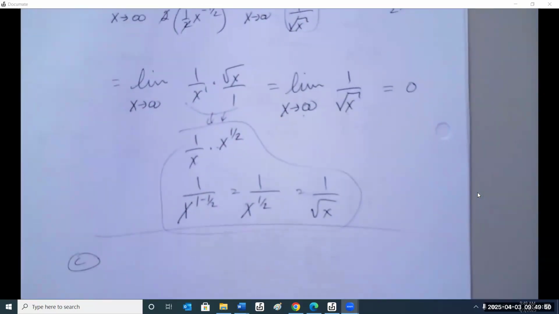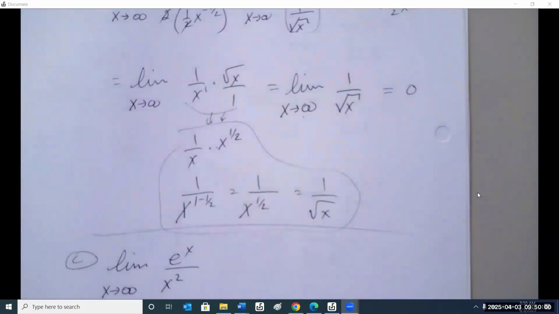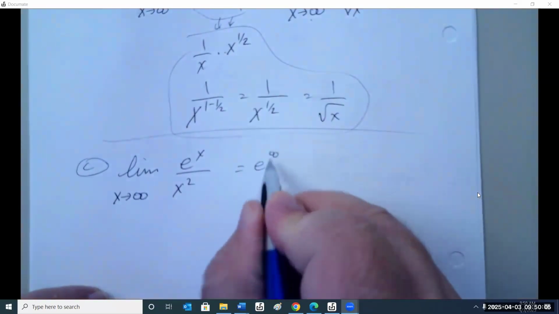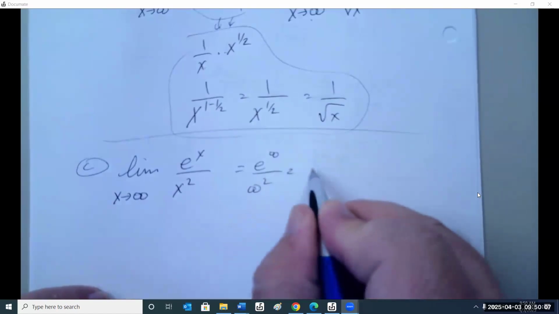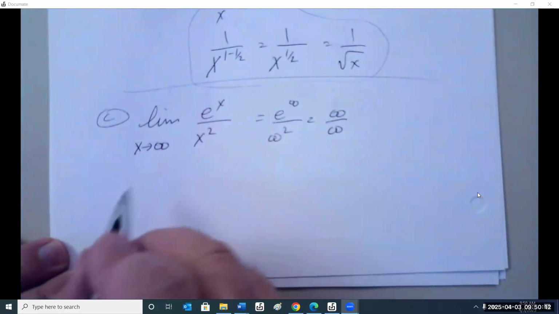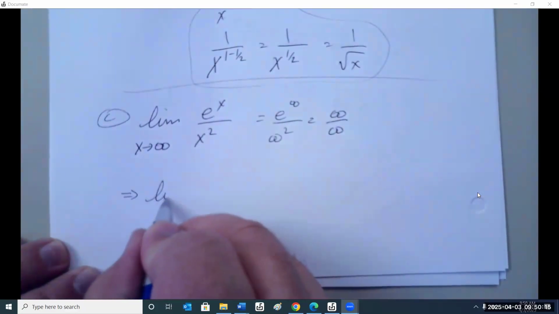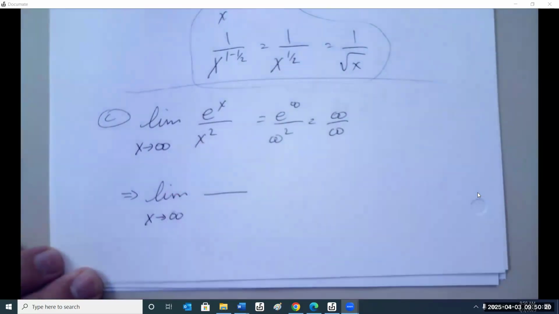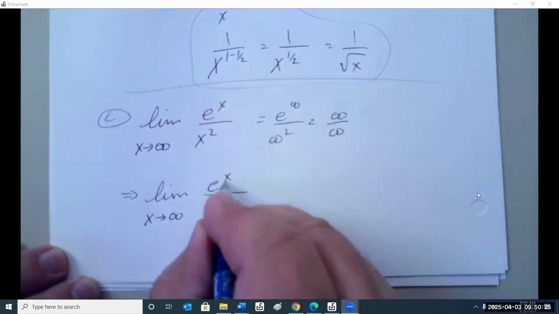All right, last one. The limit of e to the power x over x squared as x approaches infinity. So we have e to the power infinity over infinity squared. We got infinity over infinity, so it's a prime candidate for L'Hopital's rule. What's the derivative of e to the power x? E to the power x.